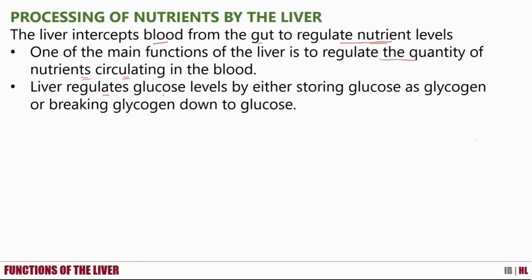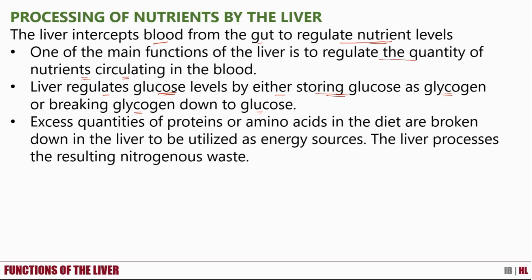Okay, so the liver regulates glucose level by either storing glucose in the form of glycogen or breaking glycogen down to glucose. Once glucose is stored, it is stored in which form? Glycogen. And whenever the body needs energy, glycogen is converted back to glucose. Okay, clear? Yes.